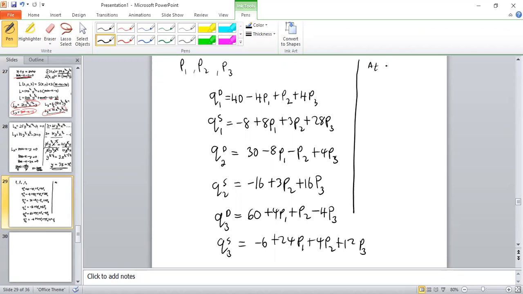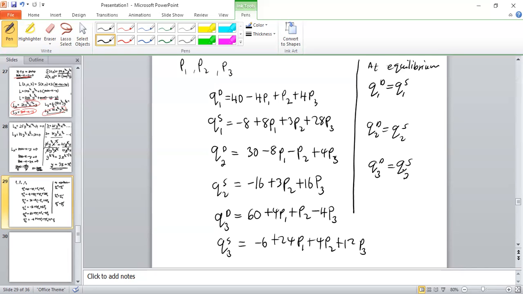at equilibrium, Q1D is equal to Q1S. Then they also say Q2D is equal to Q2S, as well as Q3D is equal to Q3S.